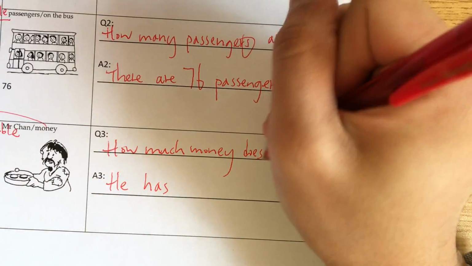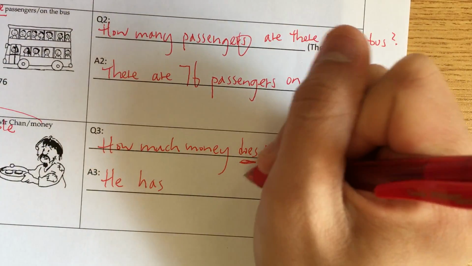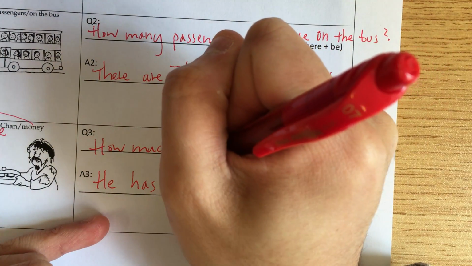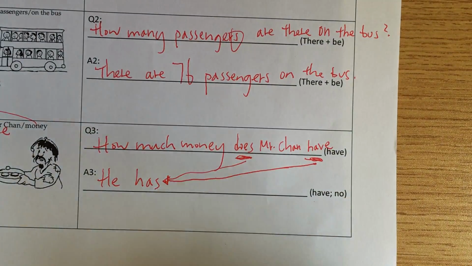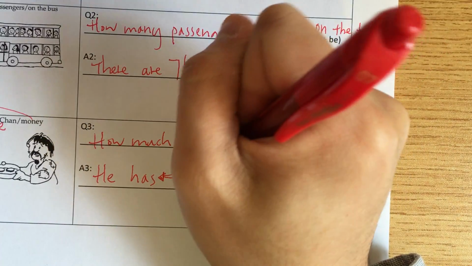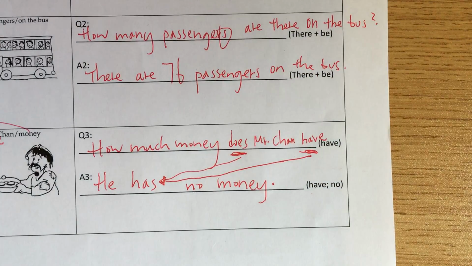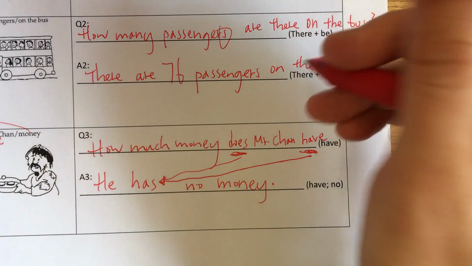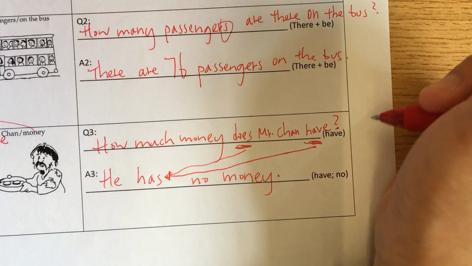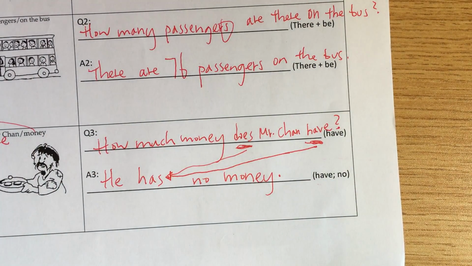Do not forget, when we put does and have together, it becomes has. He has no money. Oh, I'm sorry, I forgot to put the question mark. Okay, so let's go to page 2 then.